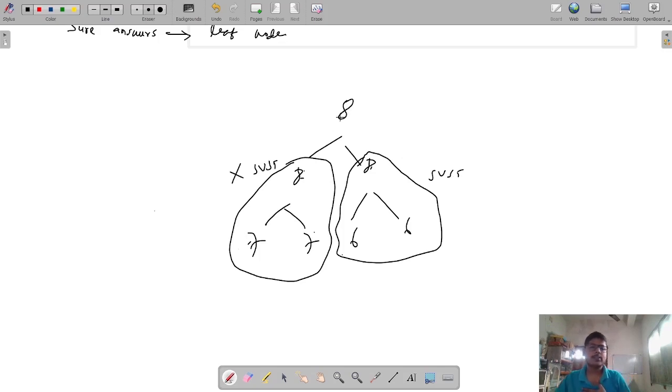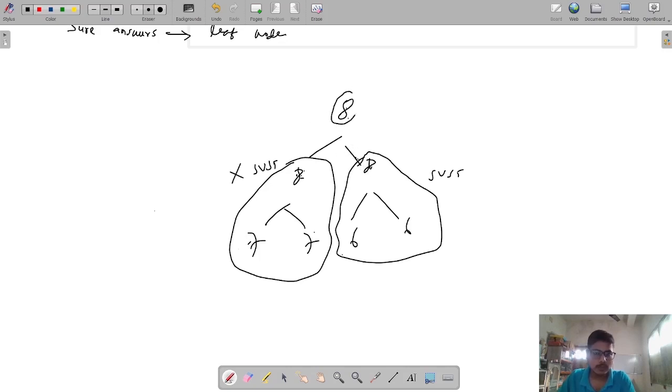So I will not check here whether this value is equal to this or not, because this is not a single valued subtree and this is not a single valued subtree. So the values here and in its subtrees are not equal, right?